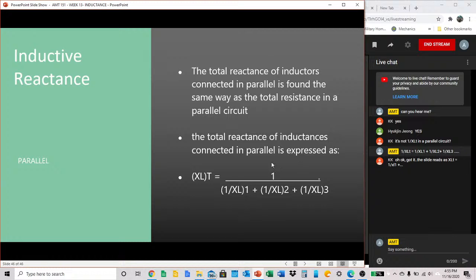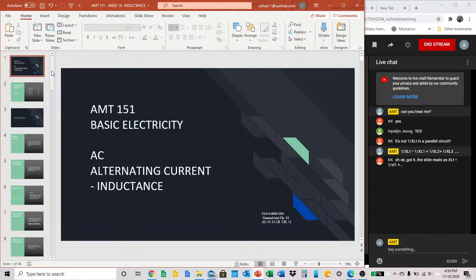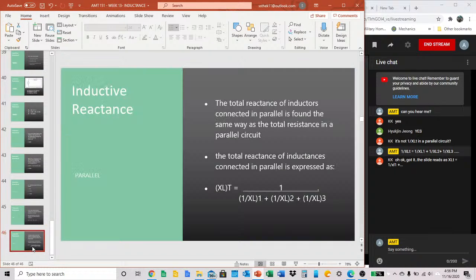So the slide reads your inductive reactance total, and it puts the 1 over here, basically on the right side of your equation, instead of on the left side of your equation. I'm going to add that in the slide just so that there's no confusion. But it is the same formula. It's just written with that extra step factored in for you.